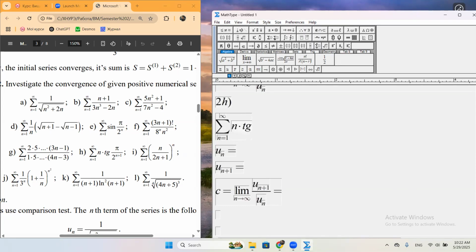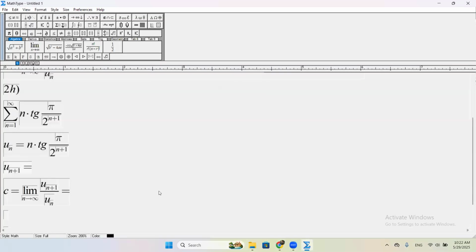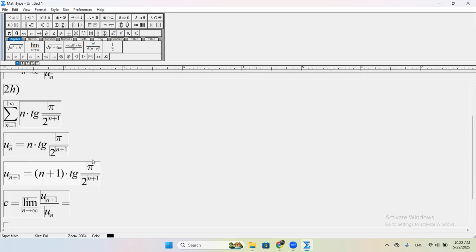So n by tangents over pi over 2 in power of n plus 1. So un equals n by tangents, and what about u(n plus 1)? It equals (n plus 1) tangents over pi over 2 in power of n plus 2.